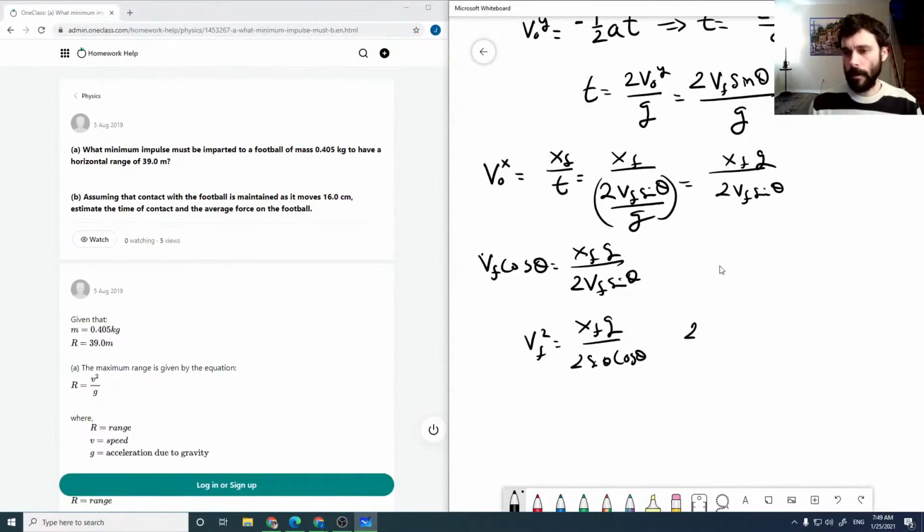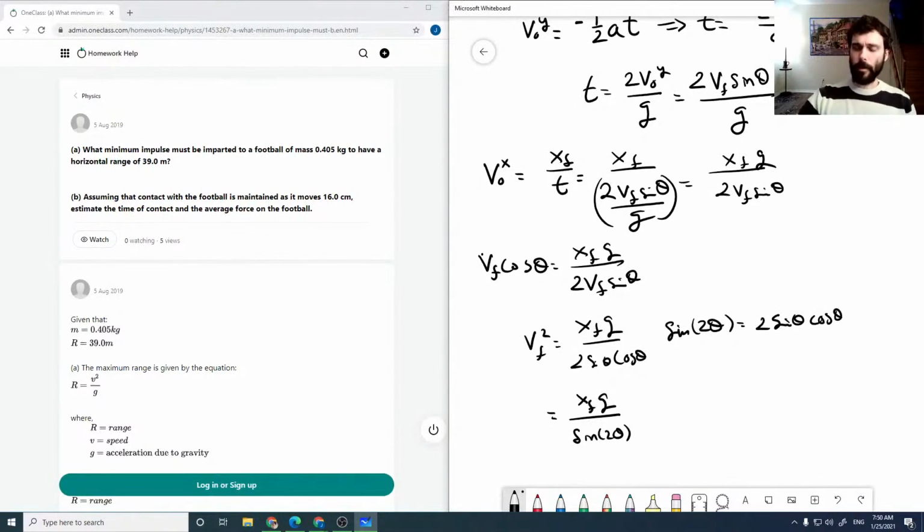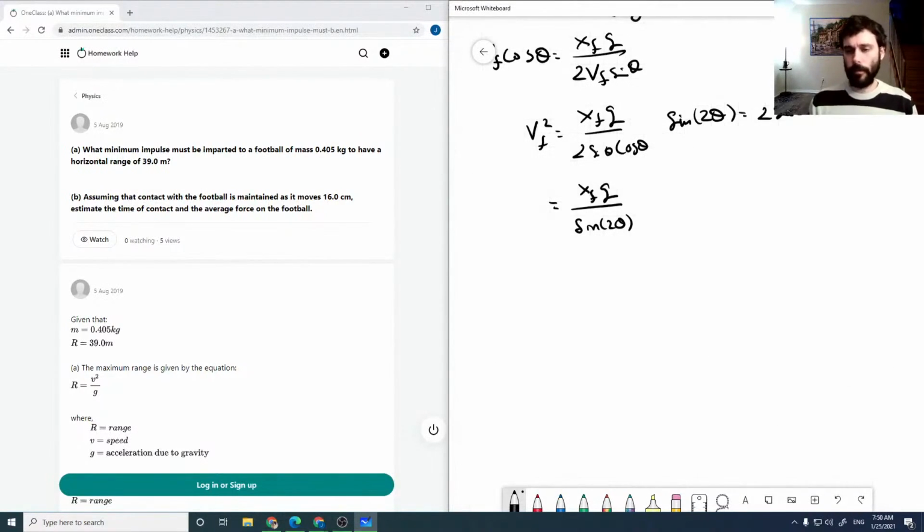Now, this is a trig expression, so sine of 2 theta is equal to 2 sine theta cos theta. So then this is XF G over sine of 2 theta. And now we want to find our minimum impulse, so our minimum velocity that we need to impart to the football. So our distance is fixed at 39 meters.